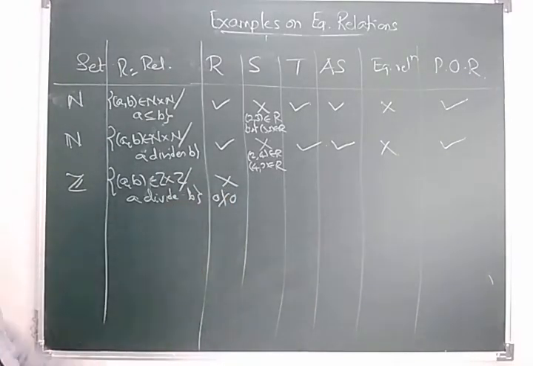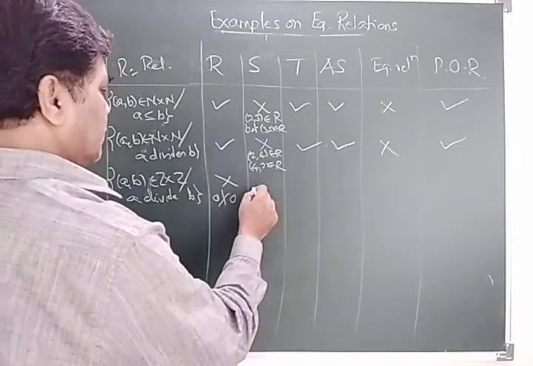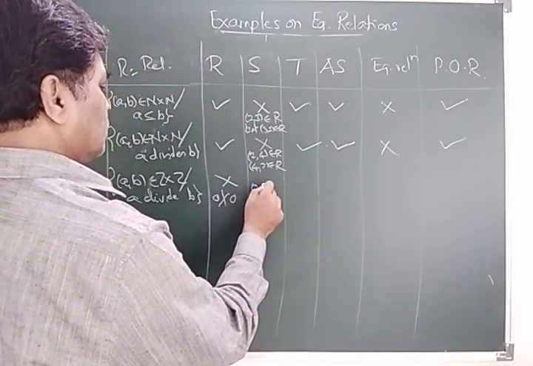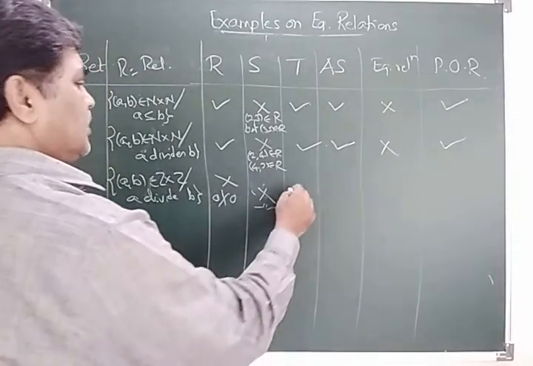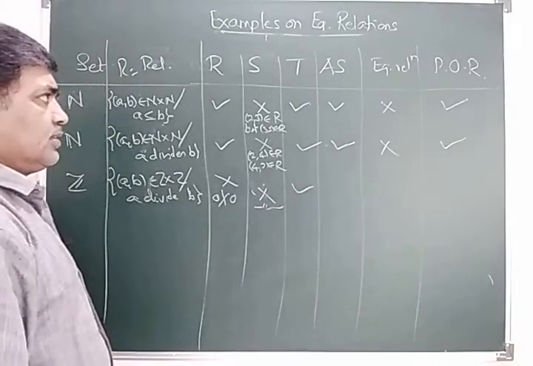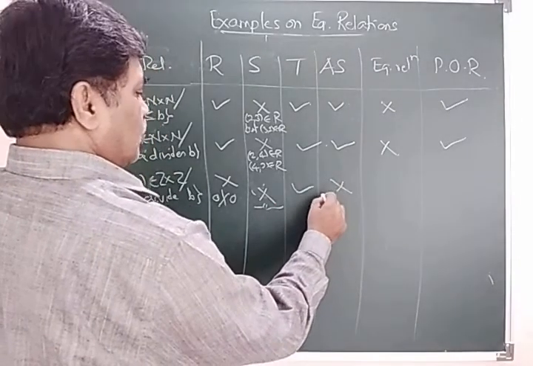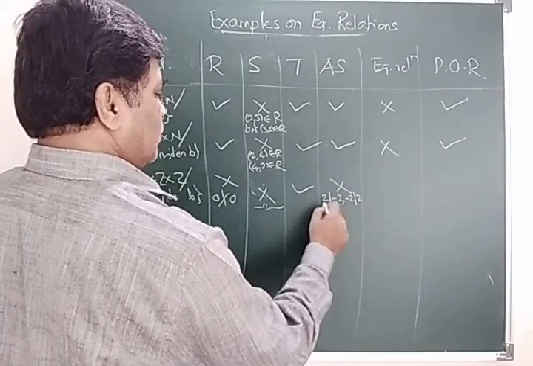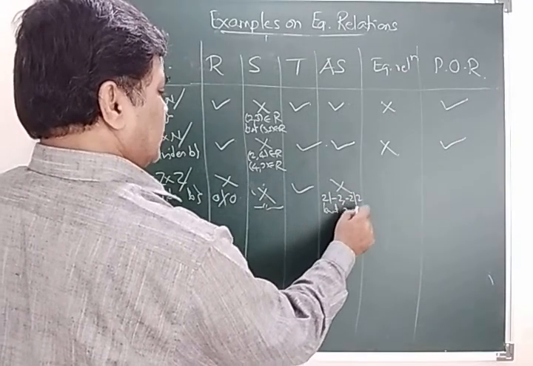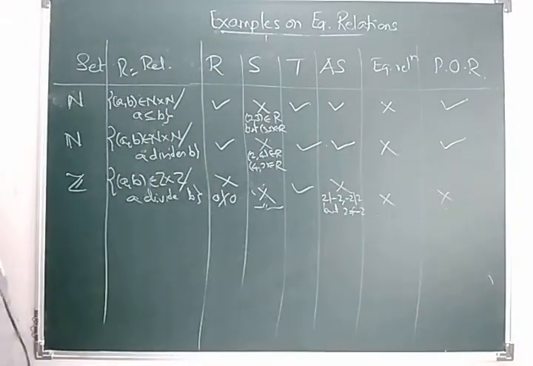Is it symmetric? No, same reasoning as (2, 4). Is it transitive? Yes. Is it antisymmetric? No. 2 divides minus 2, minus 2 divides 2, but 2 is not equal to minus 2. So it is neither an equivalence relation nor a partial order.